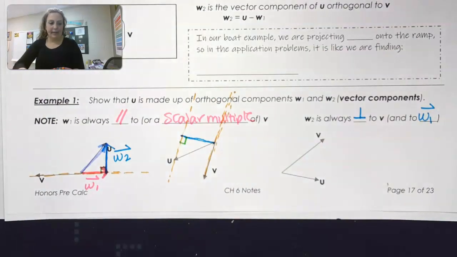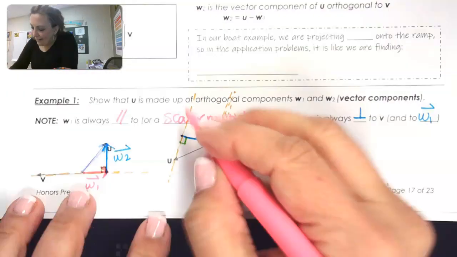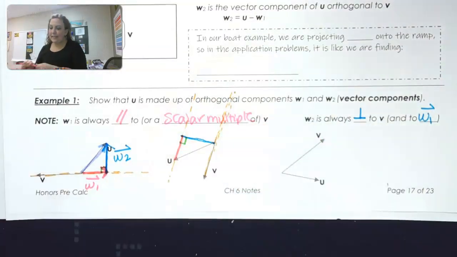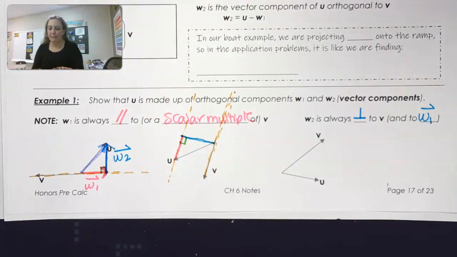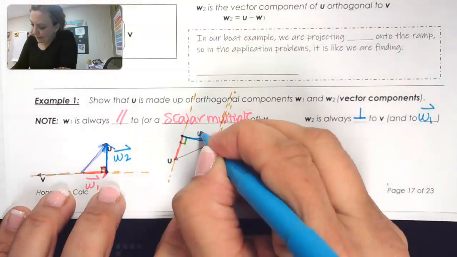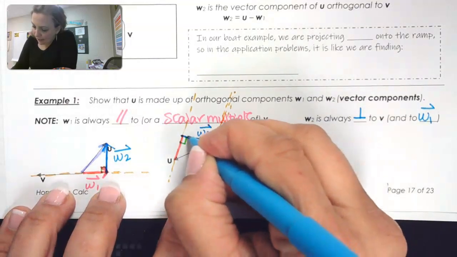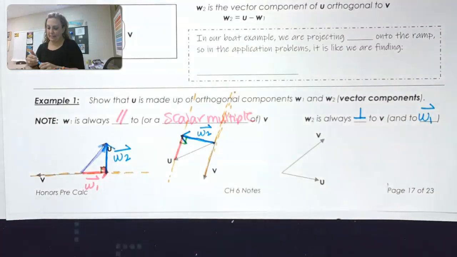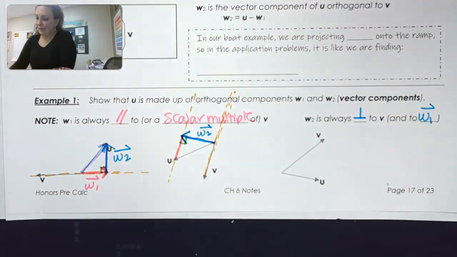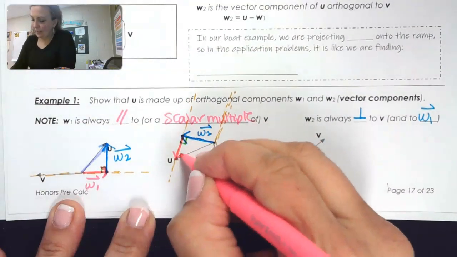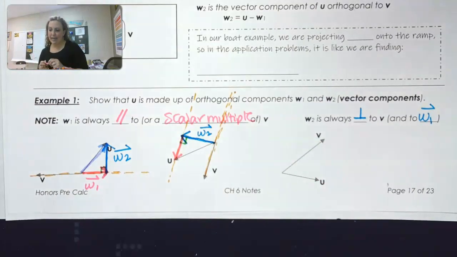Okay, so that's going to be that piece, and then this will be the other piece right here. And so if I'm looking at those directions, I can see that this would be the W2, and I'm going to start here and go to this piece, and then I would follow through to this piece, okay?